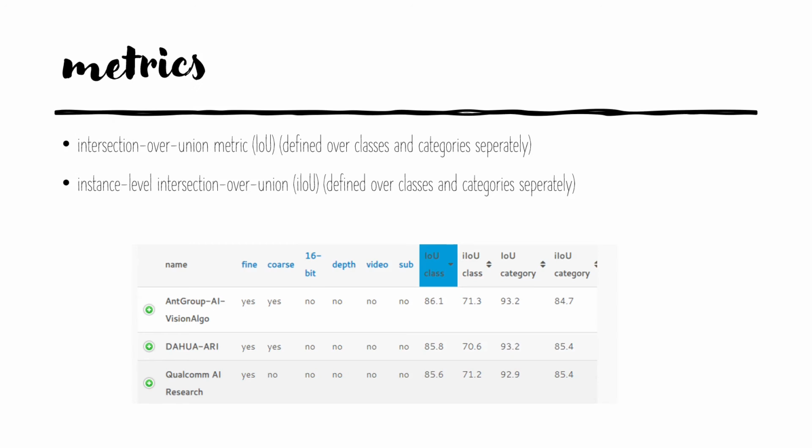The performance of methods for semantic segmentation is usually evaluated using the intersection over union metric, which is defined as the number of true positive pixels divided by the sum of true positive, false positive, and false negative pixels.